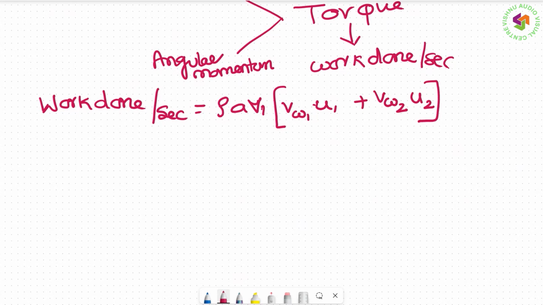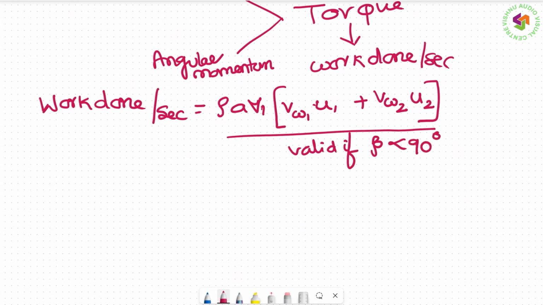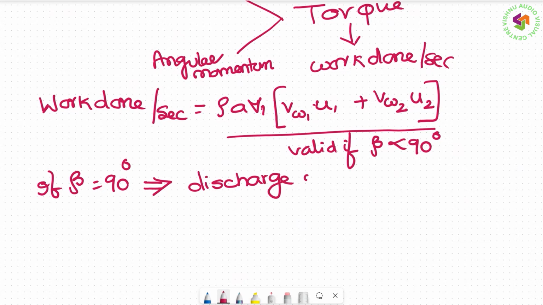This equation is valid if beta is less than 90. If beta is equal to 90 degrees, this case is called the discharge is radial.